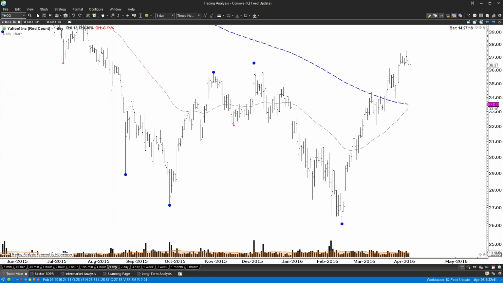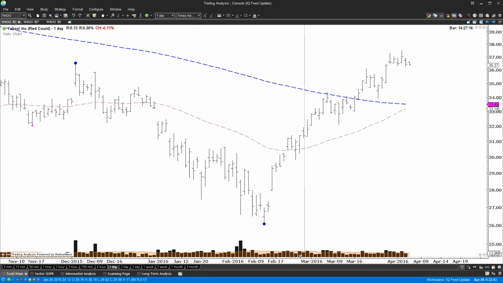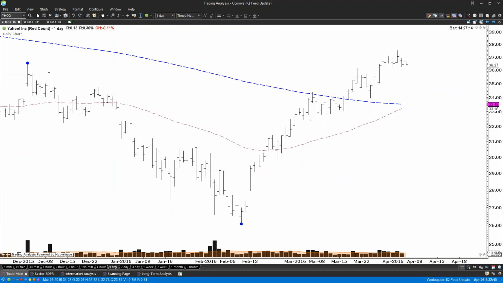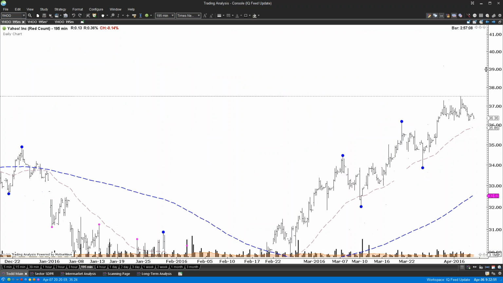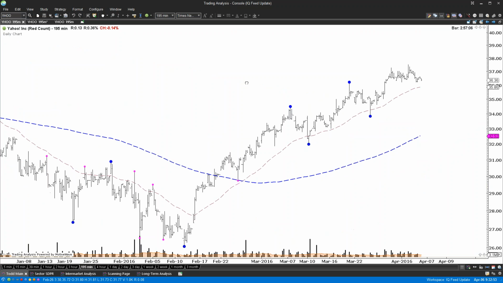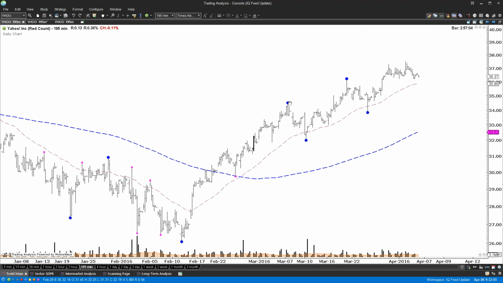Looking pretty strong there on Yahoo. I don't love it. I'd really like to see the correction lower here, and then I can figure out where we are. Kind of a one-way shot. I don't see a clear wave count in there, and unless I have a clear wave count, I can't really control risk, so I'm not going to force it.